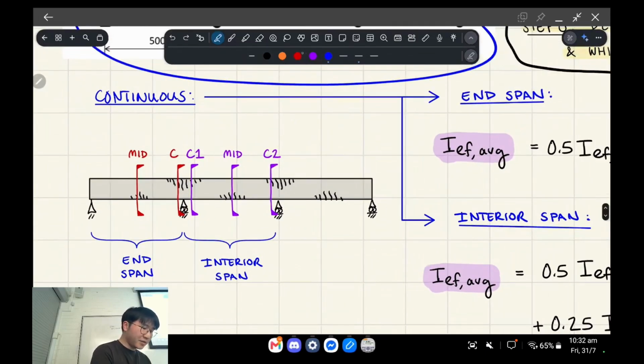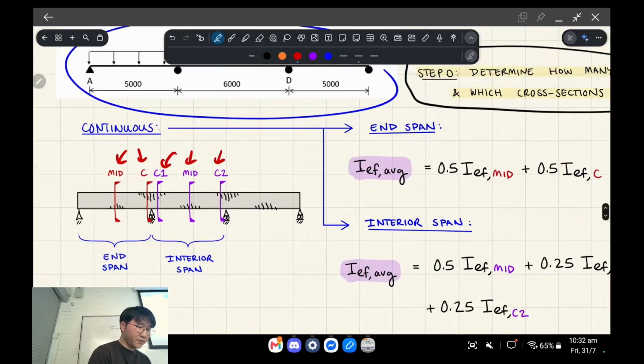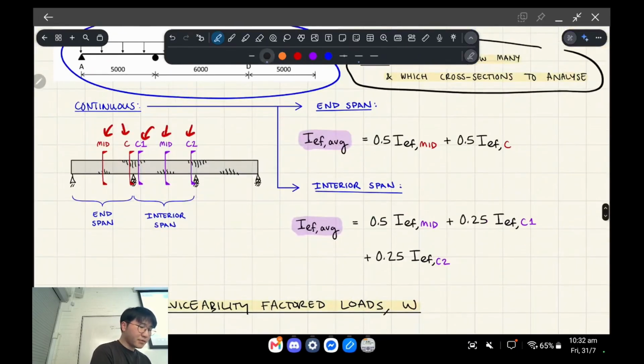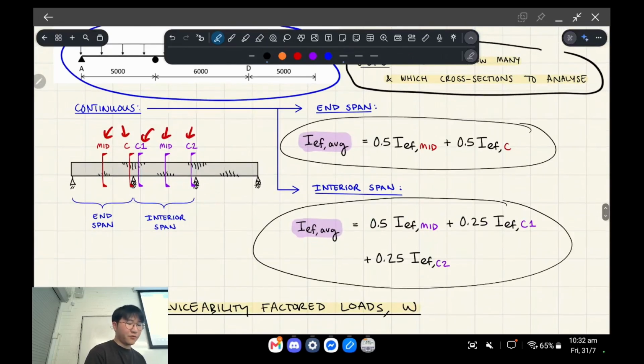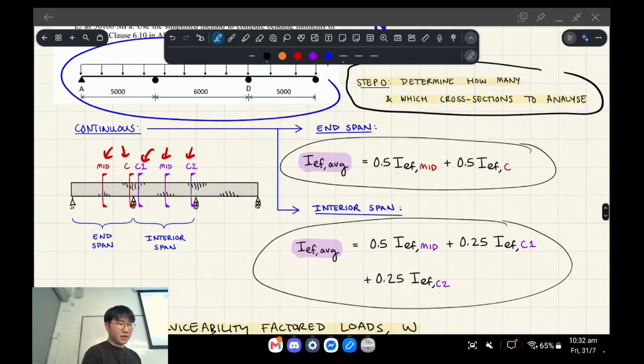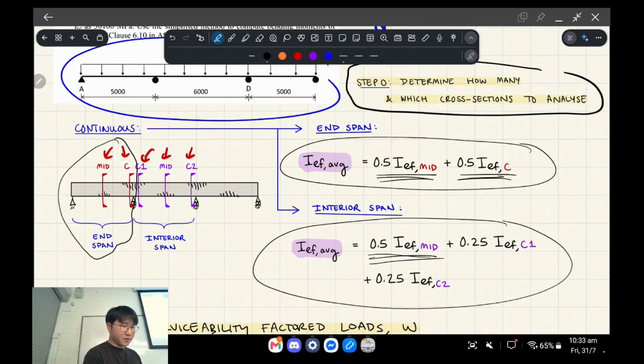So for the end span, you need to analyze 2 cross sections, and for your interior span, you need to analyze 3 cross sections. Okay, so later when we're doing the average, we need to take half the contribution from the middle and from the continuous end for the case of the end span, and then for the case of the interior span, it's 50% from the middle and then 25% from both of the continuous sides.